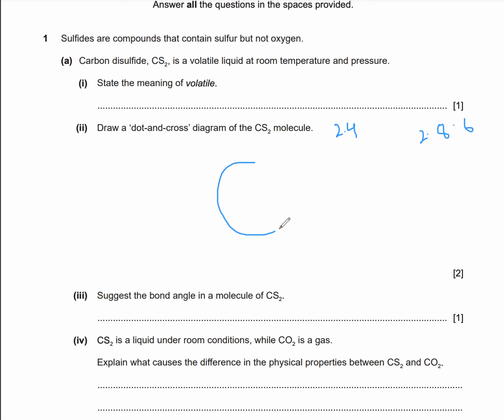Now, if we draw a carbon over here and two sulfurs at both sides of the carbon. Why are we drawing at the sides? Because this carbon is the central non-metal atom, and the sulfurs are twice in number, so each will be bonded with the carbon, one sulfur on each side.